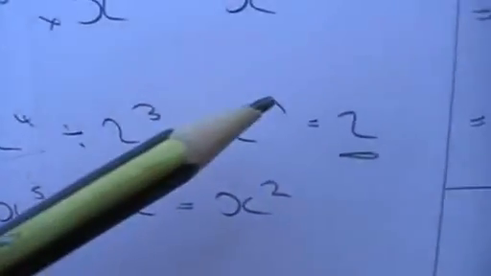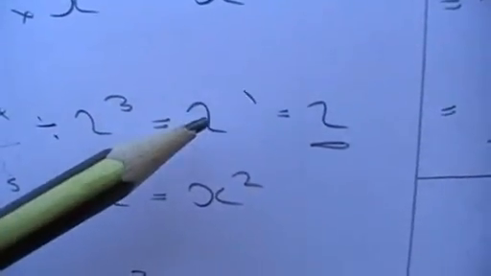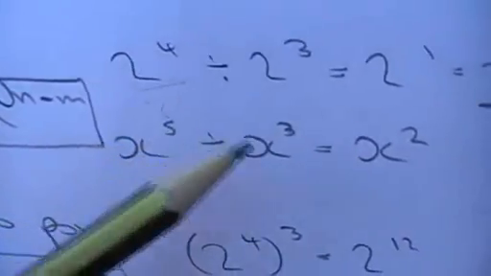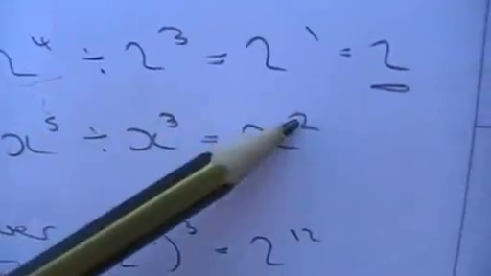Okay, it's 2 to the power of 1. We don't bother writing the power of 1 because it just means that times itself once, which is just that. So x^5 divided by x^3, 5 minus 3 is 2. So when you're dividing, you take away the powers. When you're multiplying, you add them.